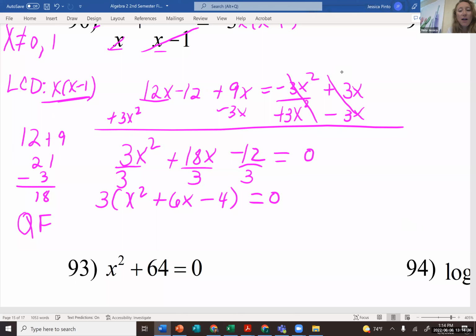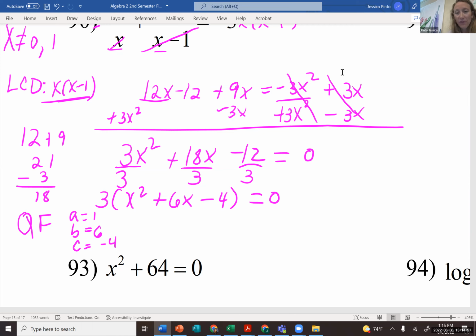Okay, I already can tell this isn't going to factor. What's going to multiply to 4 and add to 6? Nothing. Right? So let's do it. A is equal to 1, B is equal to 6, C is equal to -4.